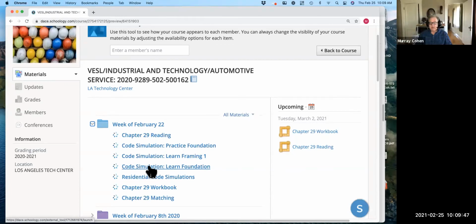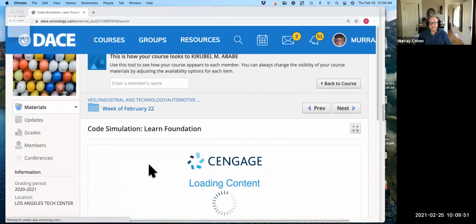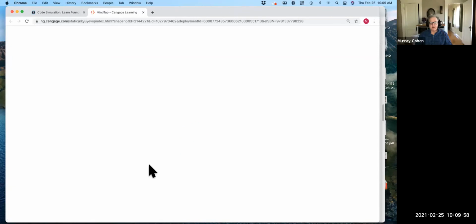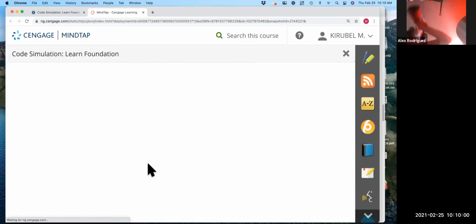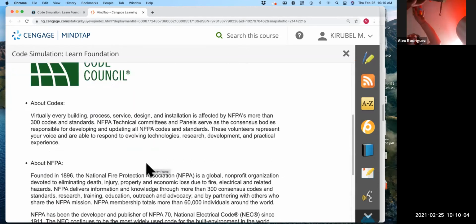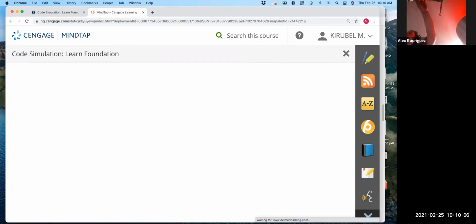I'm going to click on one just to show it to you. These are code simulations. I haven't looked at this one; I've looked at other construction code simulations. Let's take a look at this one and see if we can launch it. Sometimes these don't launch.